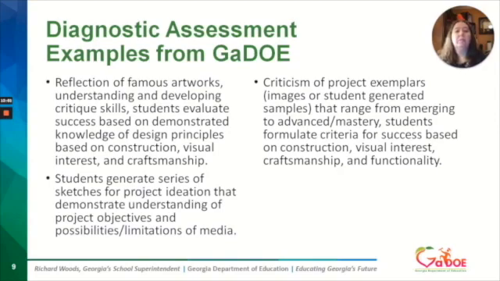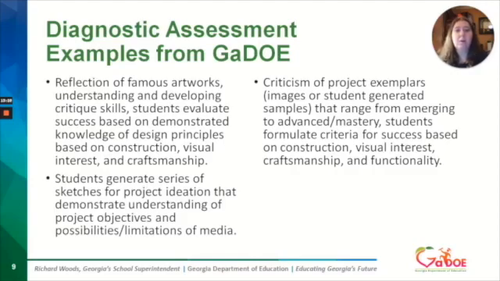Another way is with criticism of exemplars from the projects, and these can be either student generated or teacher generated, or images that you find online, or maybe posters that you have, and that helps them see what their finished product could look like. And it helps them determine, okay, why is this a good exemplar?